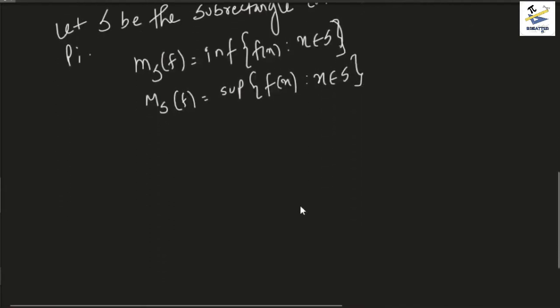Once we calculate these two, now let V of S be the volume.